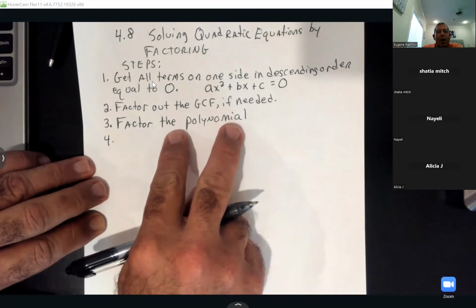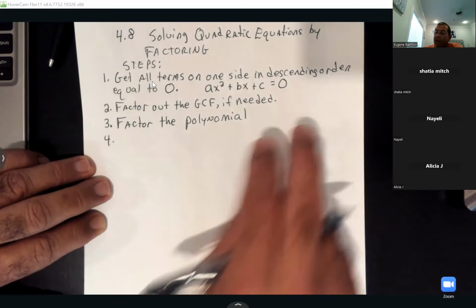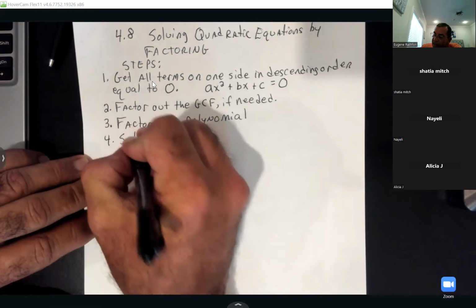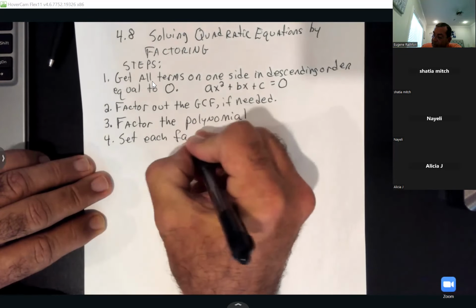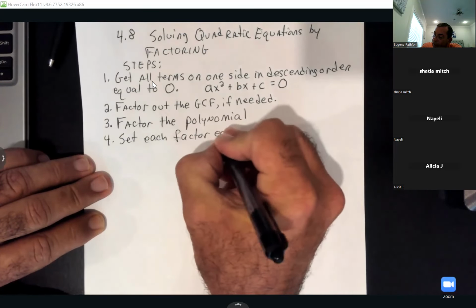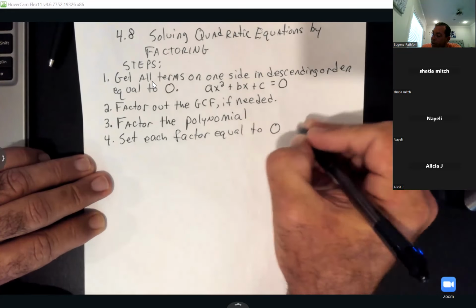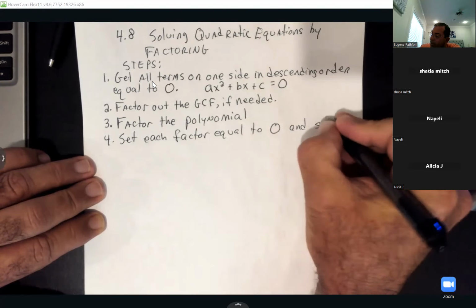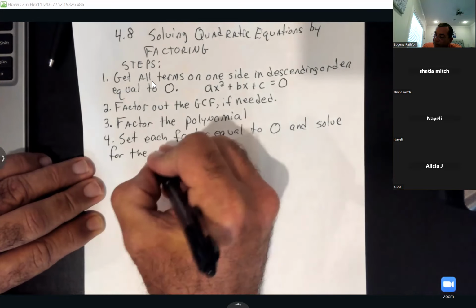Once I factor that polynomial, I'll have my two sets of parentheses equal to 0. At that point, I'm going to set each of my factors equal to 0 and solve for the variable.